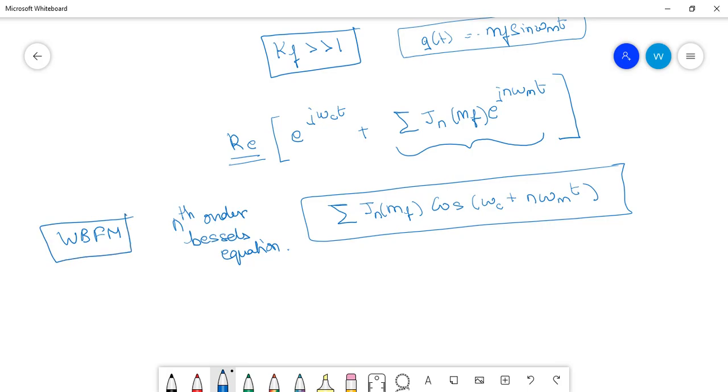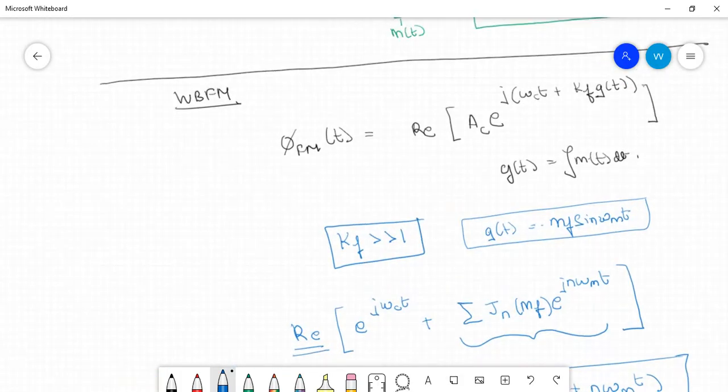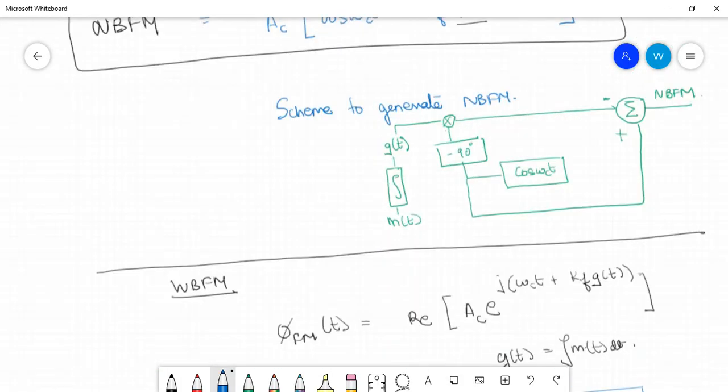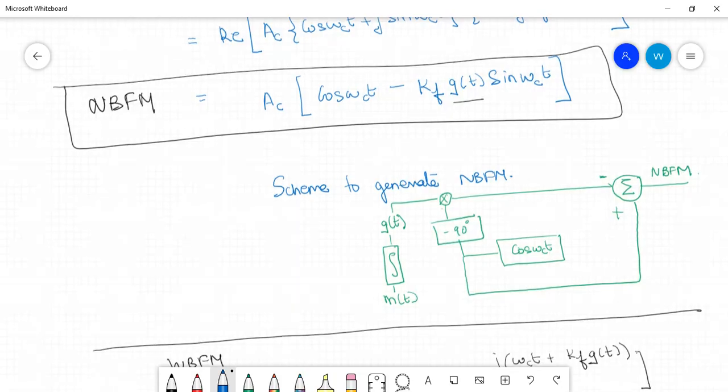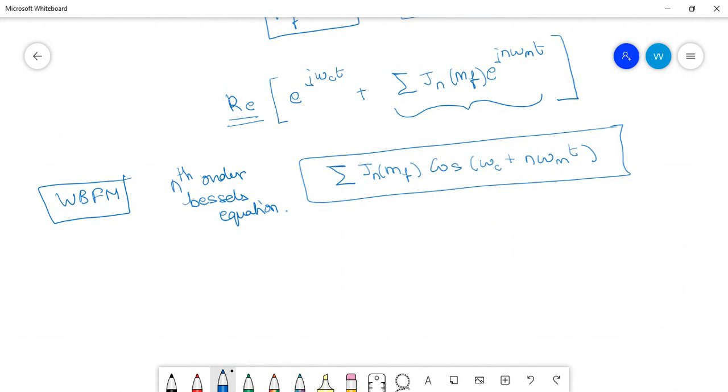So the conclusion that we can have from the notation of wideband FM and narrowband FM is that narrowband FM has finite bandwidth. You can see that over here. This basically gives you a lobe towards omega_c plus something that would be the bandwidth of this signal, and a lobe behind omega_c in case of narrowband FM. But in case of wideband FM, you are not having just one component. There are several frequency components.